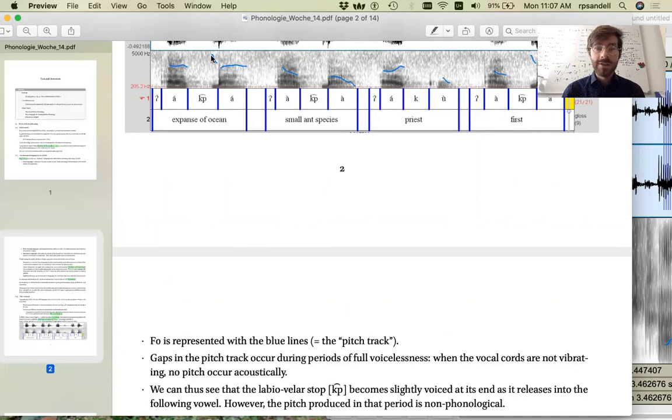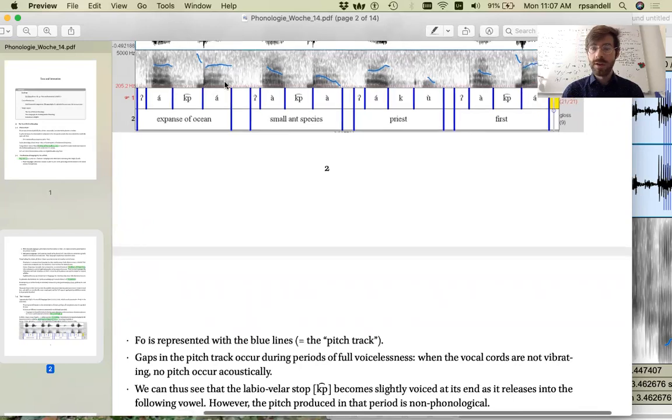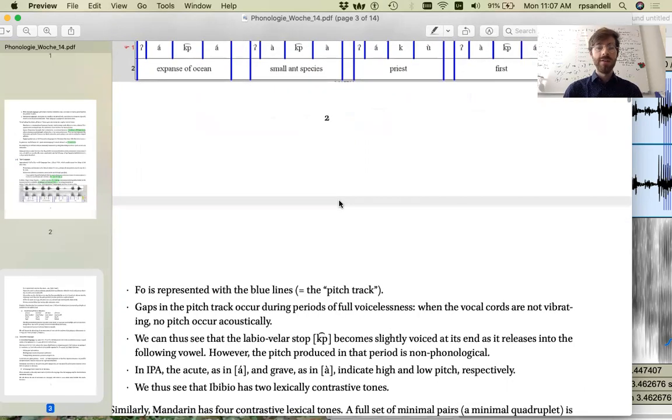You'll notice, interestingly, in at least the word for expansive ocean, and also in the word for first, this is clear, that this labiovelar stop becomes slightly voiced as it releases into the following vowel. And the result is that there is some pitch, but the pitch produced in that period we can consider to be non-phonological. We can see that it's, in fact, considerably higher than any of the real phonological pitch, which is aligned with the vowels.